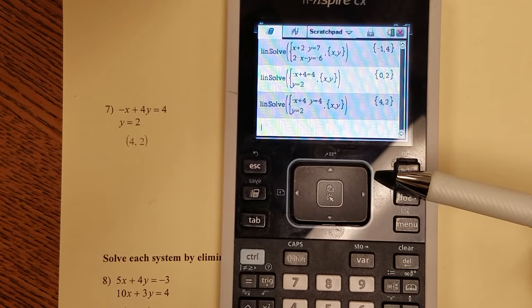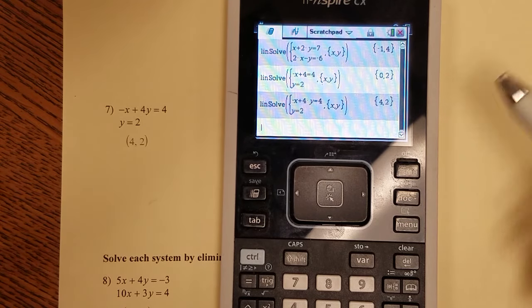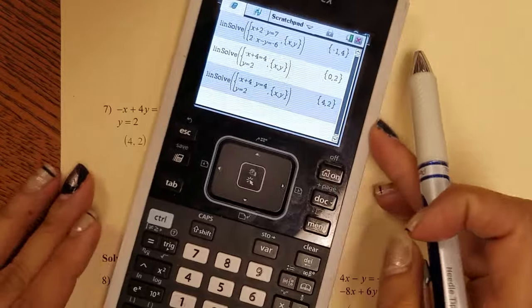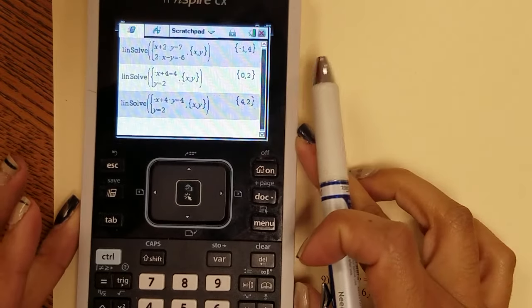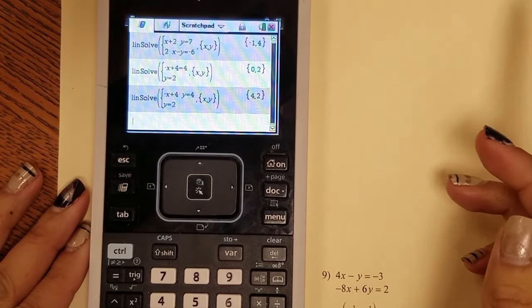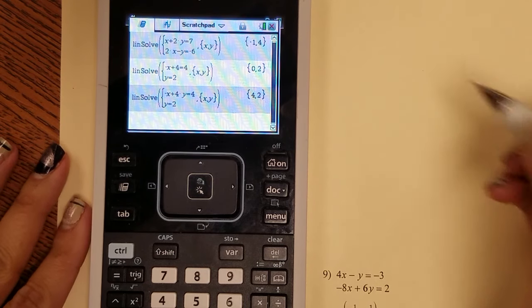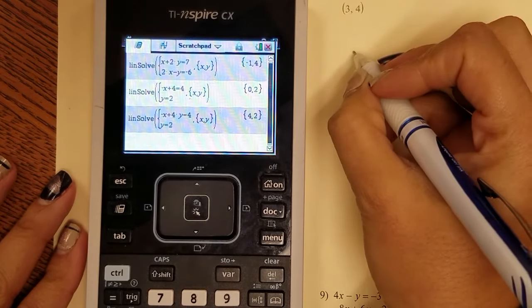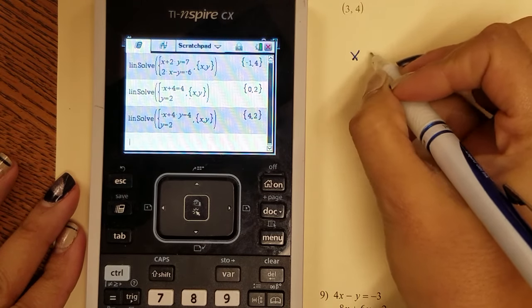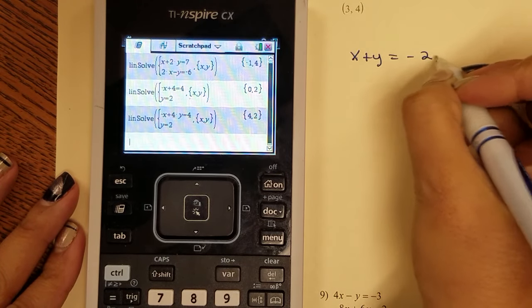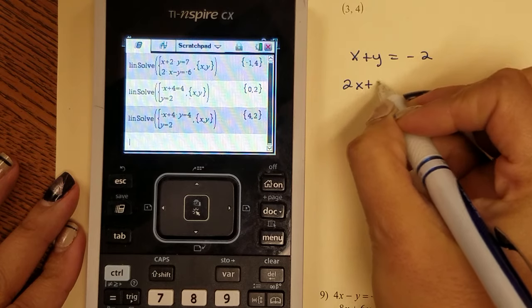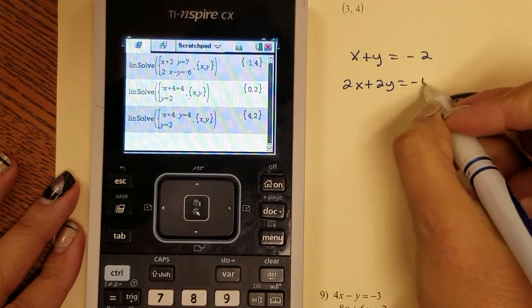Your calculator will let you know if you have no solution or an infinite solution, and it might look kind of funny. Say, for example, you have the equation x plus y equals -2, and then 2x plus 2y equals -4.